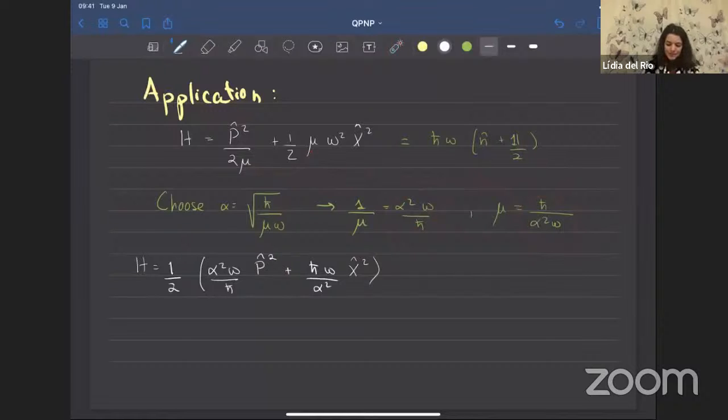Good. So now we can bring some stuff outside, and we can bring, in fact, the omega outside, and we bring an h bar outside because it will be useful later.